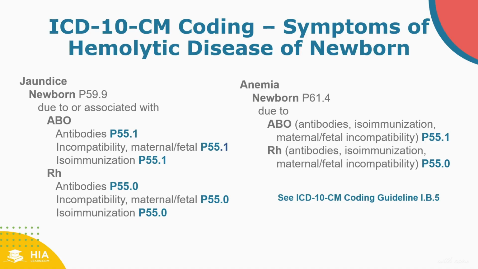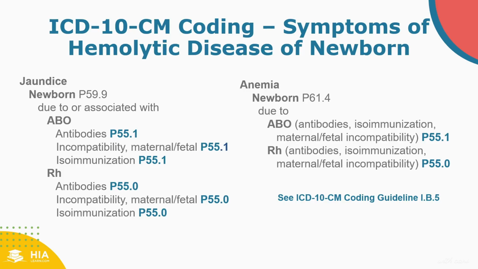The index also supplies direction related to coding for jaundice and anemia associated with hemolytic disease of the newborn. If documentation supports jaundice or anemia is due to ABO or RH antibodies, maternal fetal incompatibility, or isoimmunization, the index directs assignment of codes P55.0, RH isoimmunization of newborn, or P55.1, ABO isoimmunization of newborn.